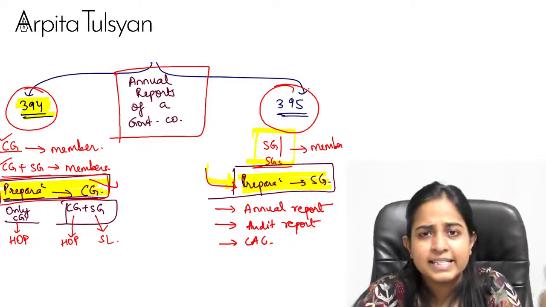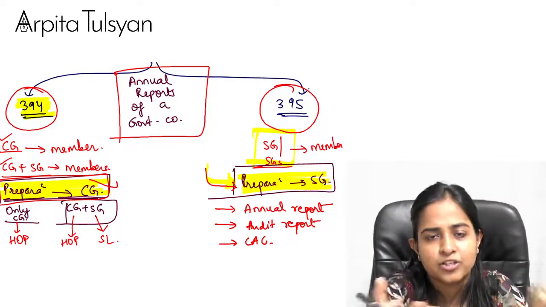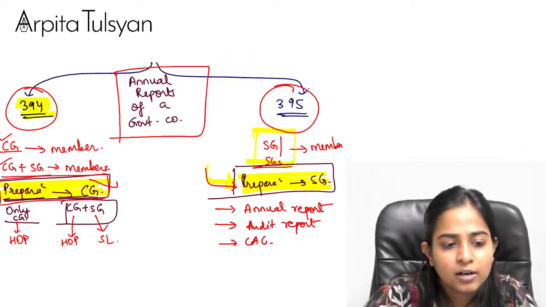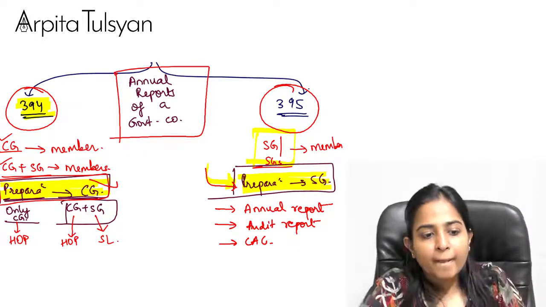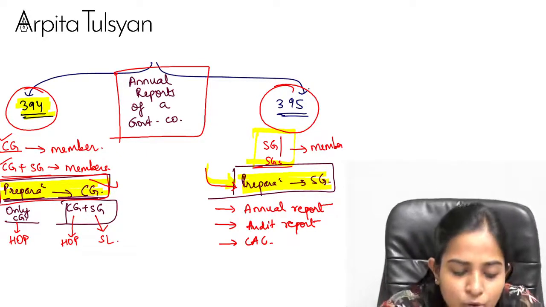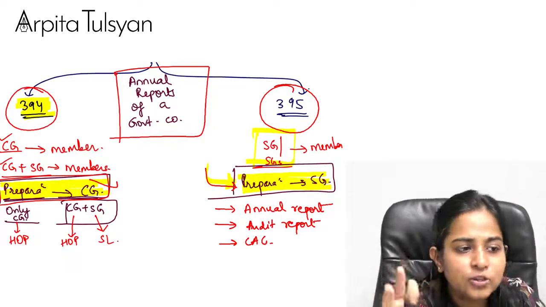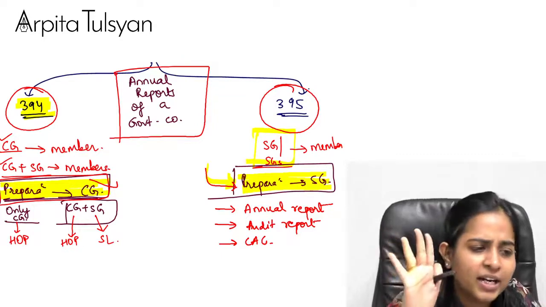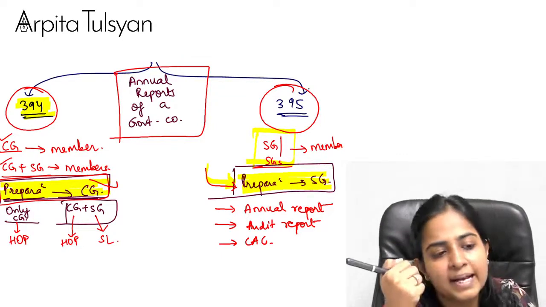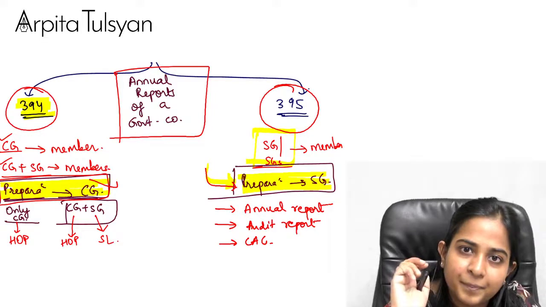You can easily correspond both the sections together and you can try to frame the provisions. Yes, so I hope you are very, very clear. Definition was one section. Then these two sections, 394 and 395, extra compliance in case of government. Yes.